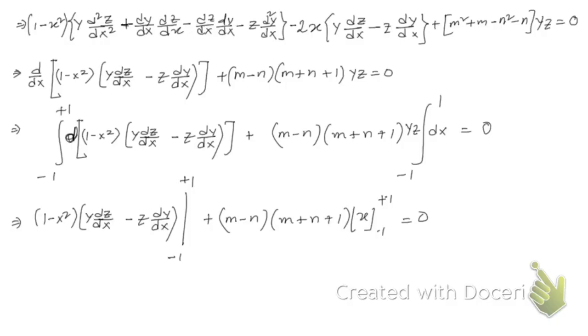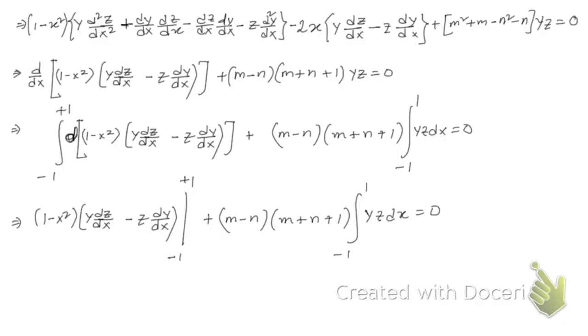So if there is yz, then we're gonna write this one here, integration -1 to +1 yz inside the integral. So this is what we have, right? So now you see, let me keep this one this way, yz dx is equal to 0.